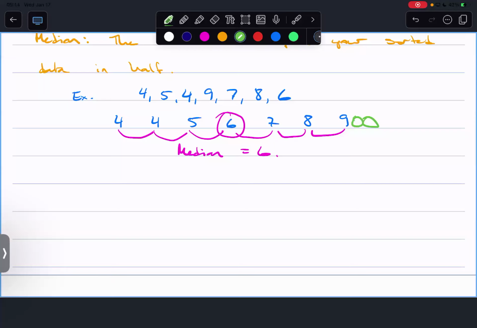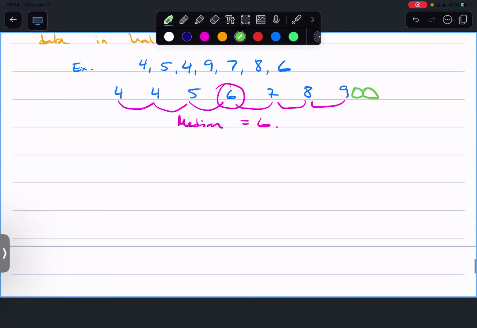And so then we're just talking about the midpoint, right? And so this would not affect the median. So that's nice, right? And so the median is a more appropriate measure of center in that case, right?